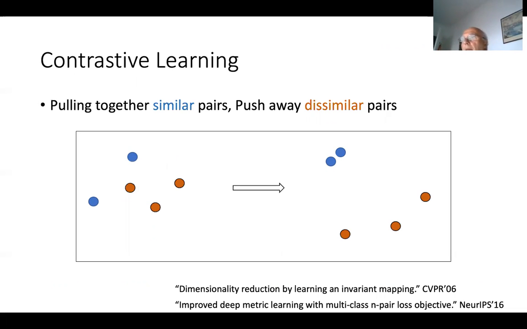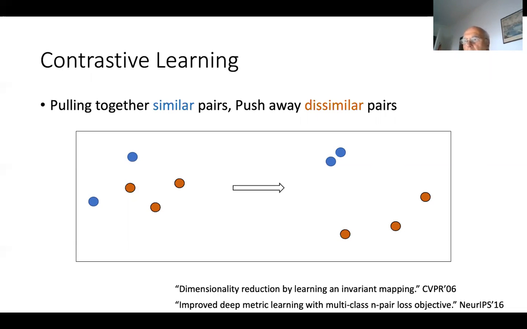In the year of 2006, in LeCun's paper, Dimensionality Reduction by Learning an Invariant Mapping, they provide the initial idea of contrastive learning, where the distance of a similar pair should be lower than a certain threshold, while the distance of dissimilar pairs should be larger than that threshold, but you have to set that threshold manually.